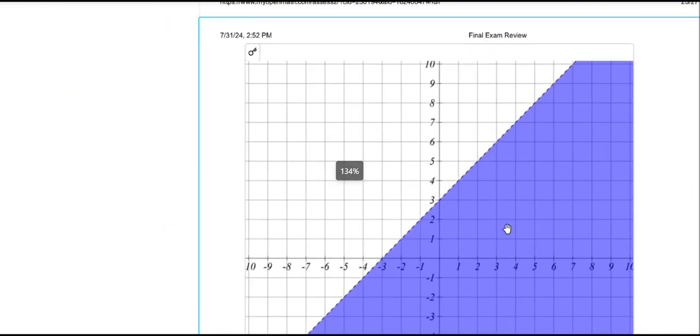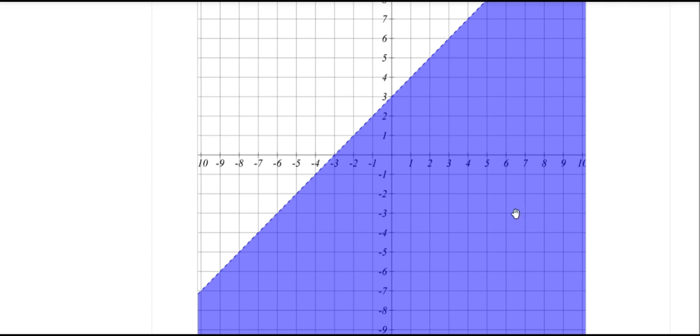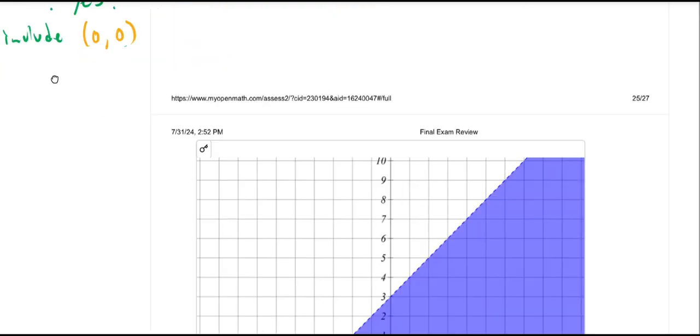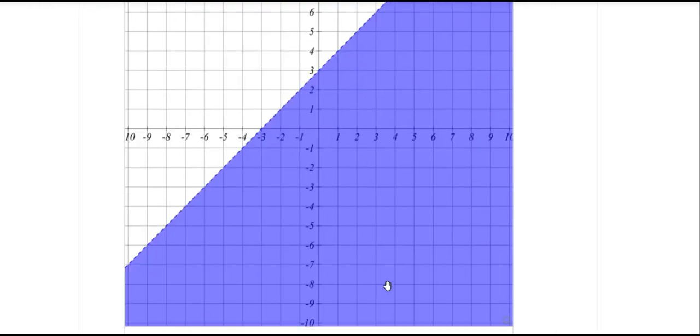And as you can see here, this is exactly what they got for the correct answer. We have the line going through 3 with slope of 1, and the side including 0, 0 is shaded. Any point on here, any of these x and y pairs that you plug into y less than x plus 3 is going to work, is going to satisfy that inequality.